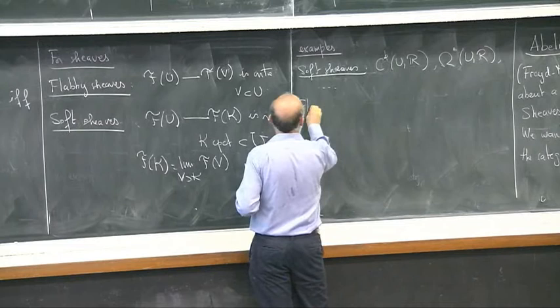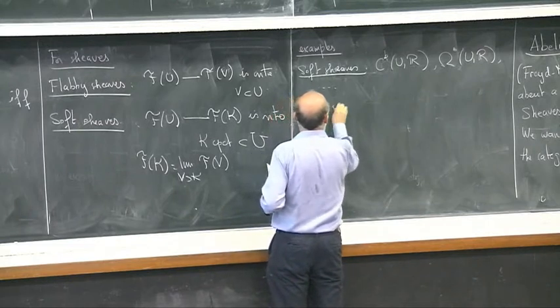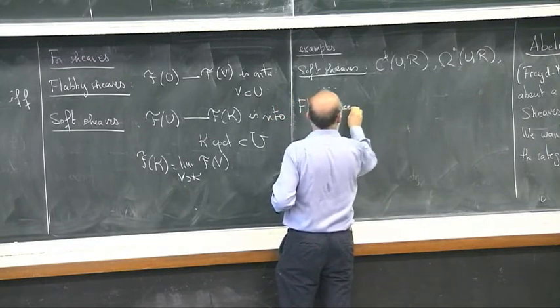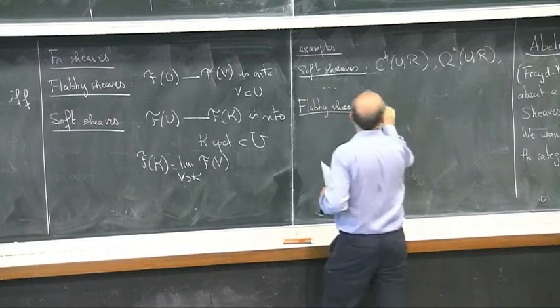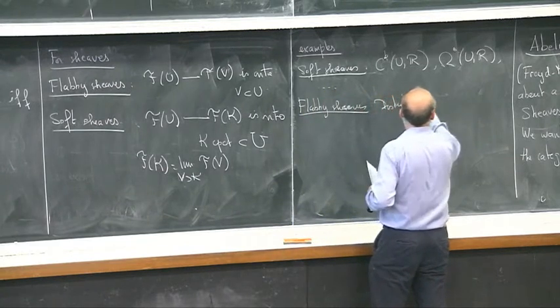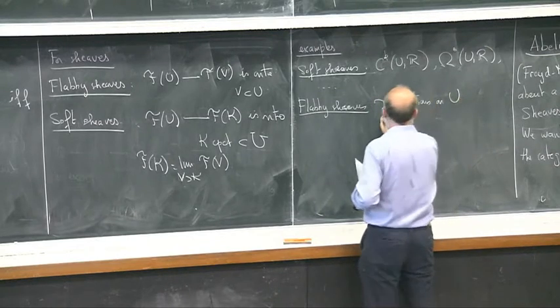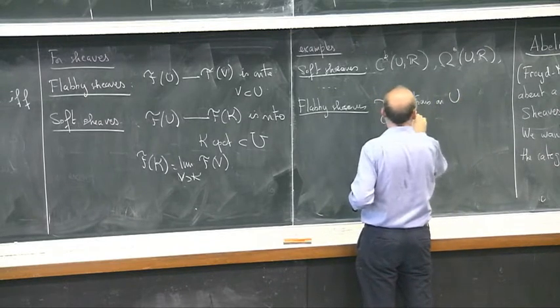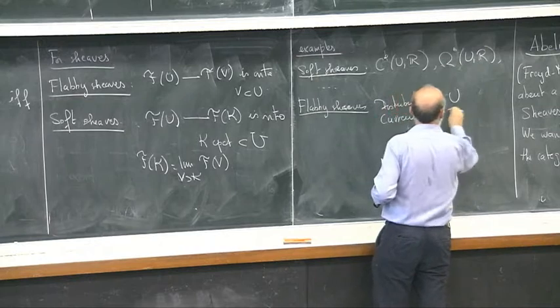And flabby sheaves are distributions on U or currents on U.